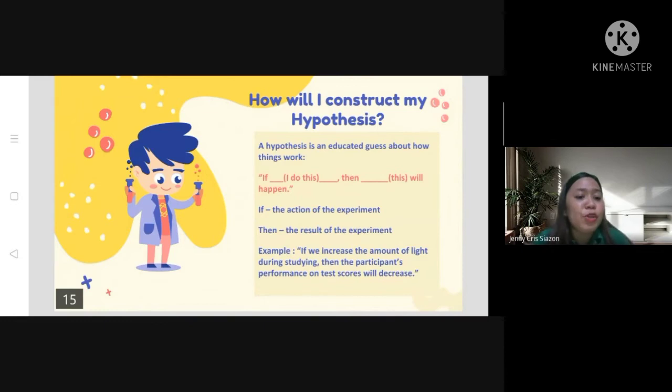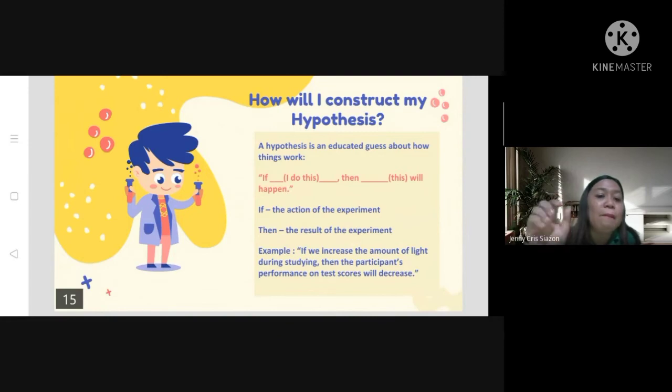And in order for you to construct a hypothesis, you need to involve a cause and effect in your statement.